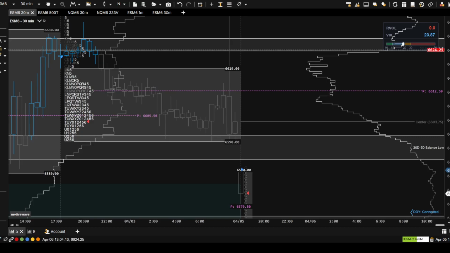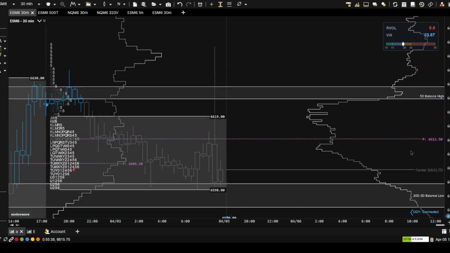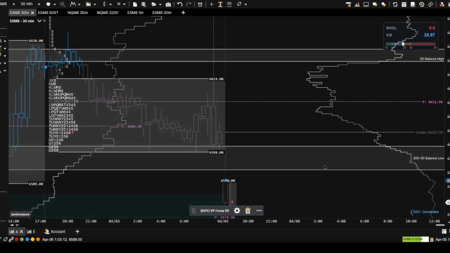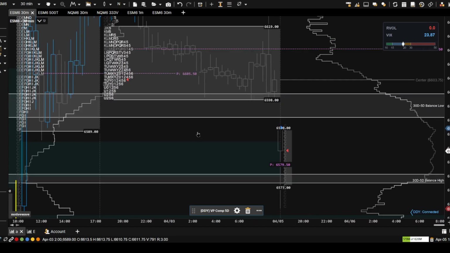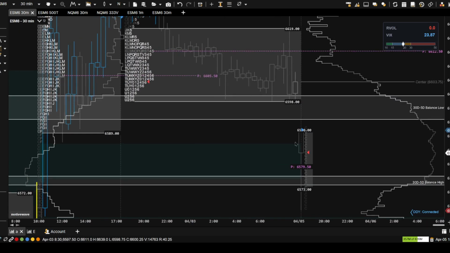Prior balance from 625 to 600, correct? Balance low and balance high. So we had a huge movement below it.